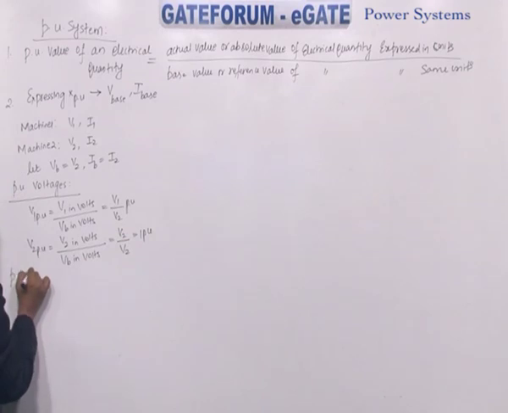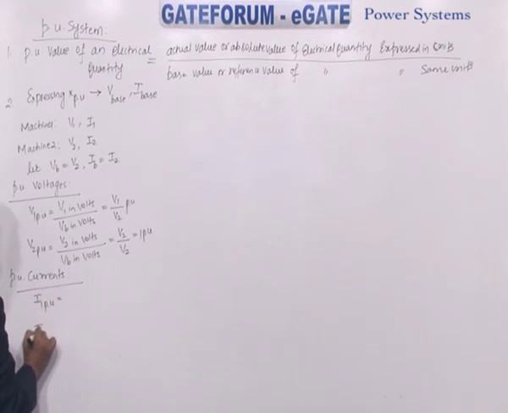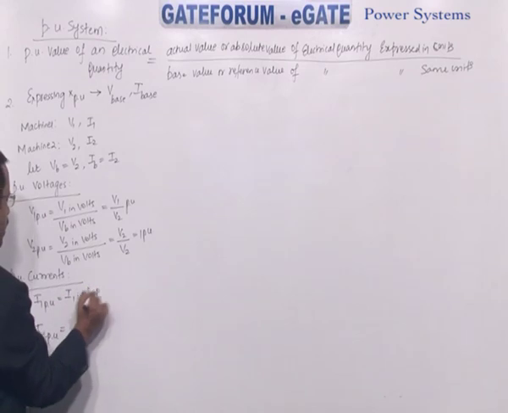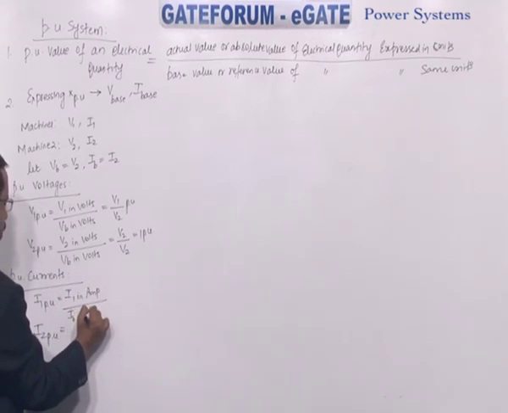Similarly, you can check the per unit currents, that is I1 per unit and I2 per unit. How to write I1 per unit?